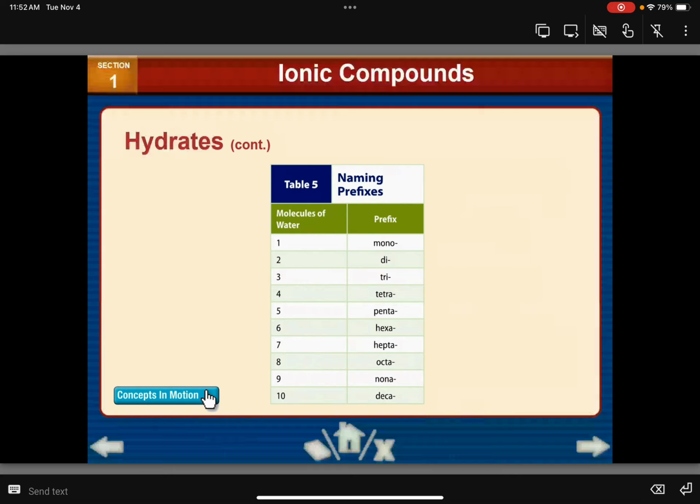It would be tetrahydrate. If it was a 5, pentahydrate, hexahydrate, heptahydrate, octahydrate, nonahydrate, decahydrate. Okay, so depending on whatever this coefficient is that's ahead of your water molecule, that's the number hydrate that it is. Okay, does that make sense?